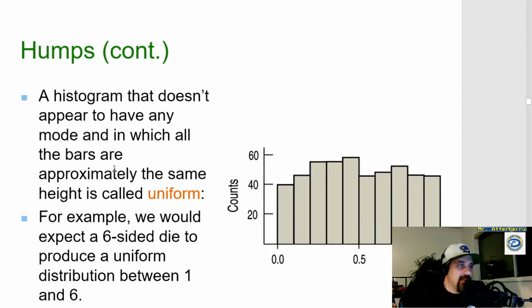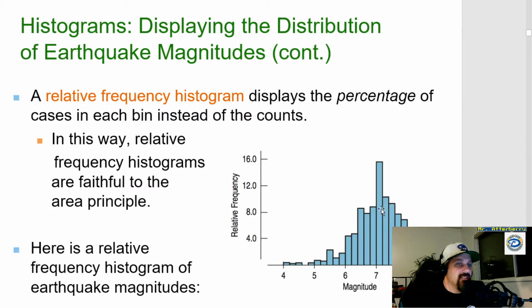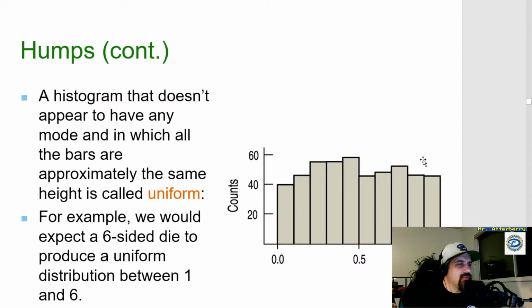A histogram that doesn't appear to have any mode and in which all the bars are approximately the same height. Remember, approximately, so it has a little bump right there, but overall, fairly straight. Go back to the earthquake one. You see that's very obvious, it's a big bump in the middle. With this example, a lot more straight, okay? We call that uniform. There is no bump, there is no mode, there is no hump.